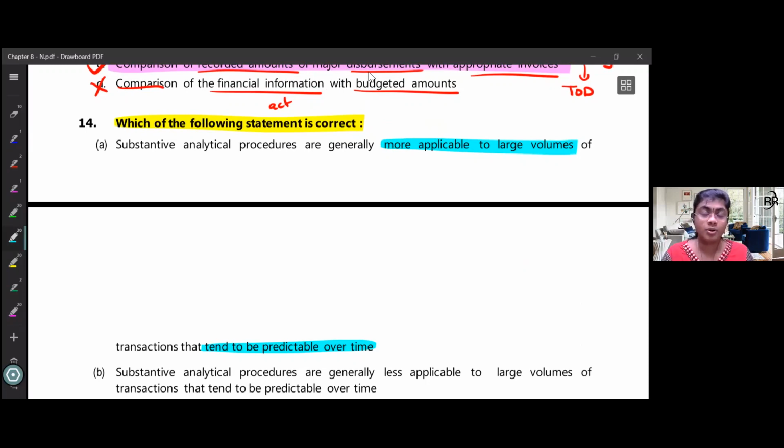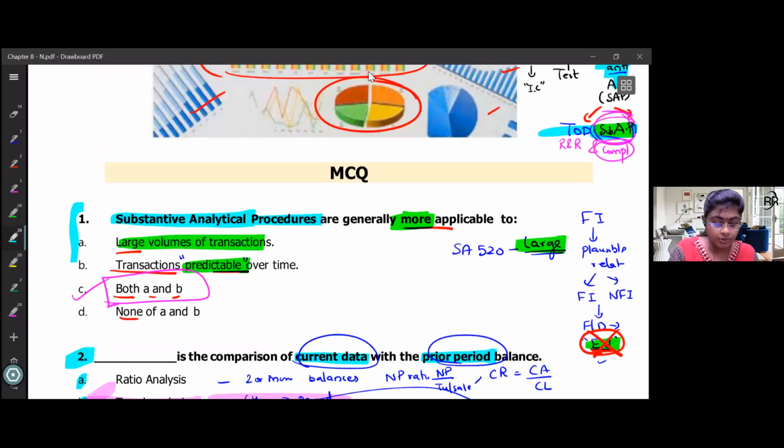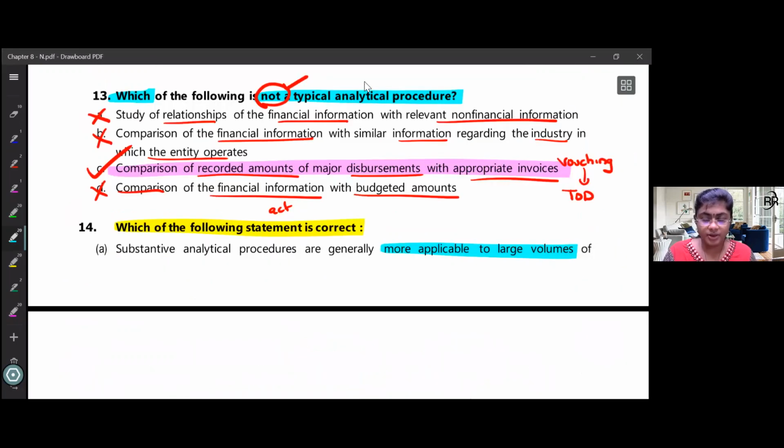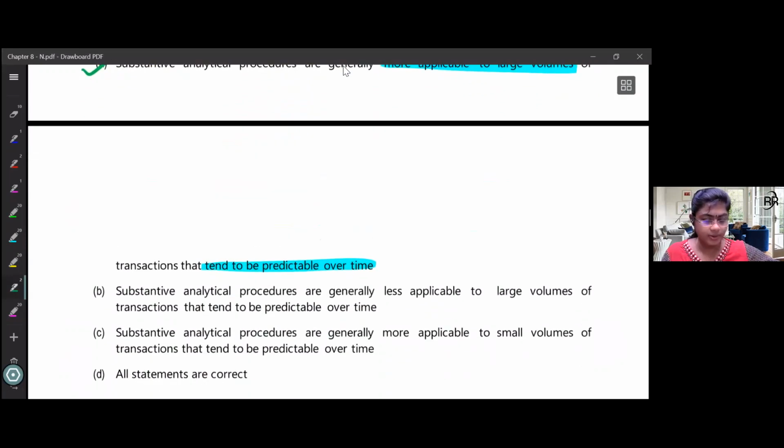Just look above, first MCQ. This one I will show. You remember this? Large volume, predictable over time. So, of course, the sentence which we just read, that sentence is correct. They wanted the correct answer. This will be the answer, but still we will read.